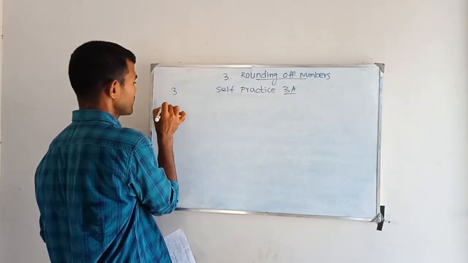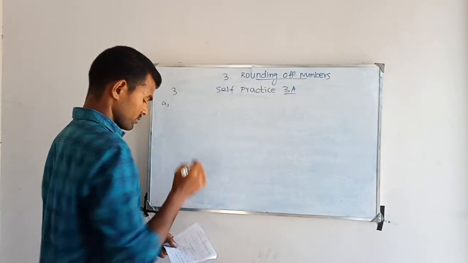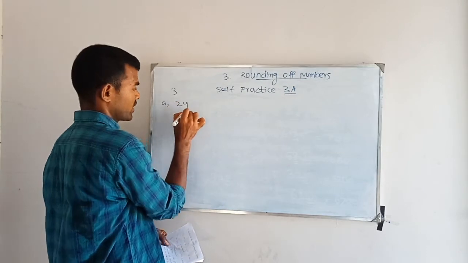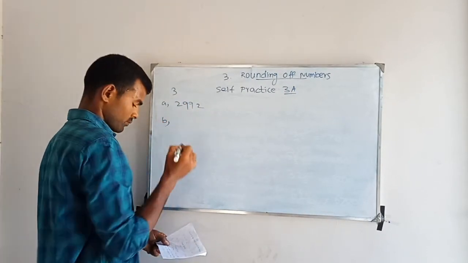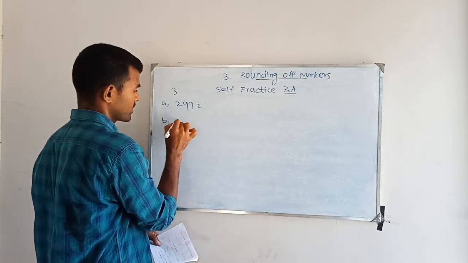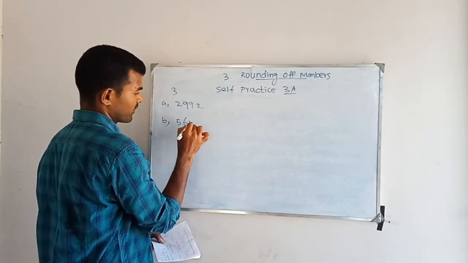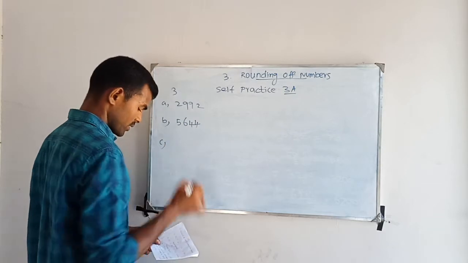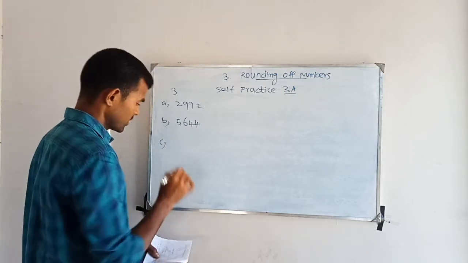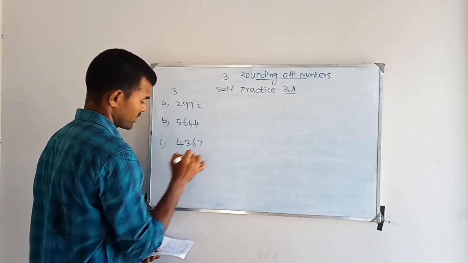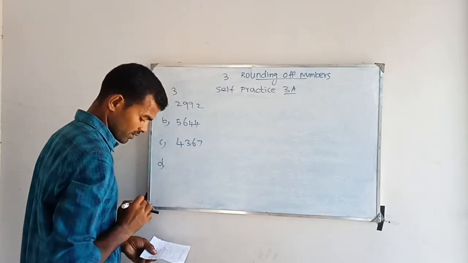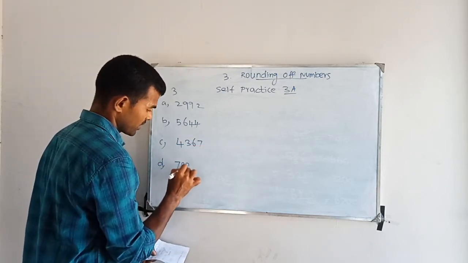Third question, first, A is 2992, B is 5644, C is 4367, and D is 7881.